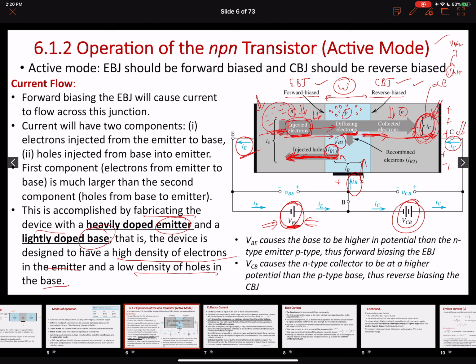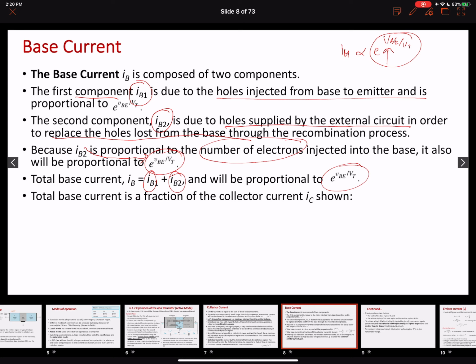So we have this very high collector current as compared to the base current, which was very small to start with because of IB1, a very small number of holes injected from the base to the emitter, plus the holes drawn from the external circuit, which equal the number of holes lost in recombination. So our base current should be just a fraction of the collector current.